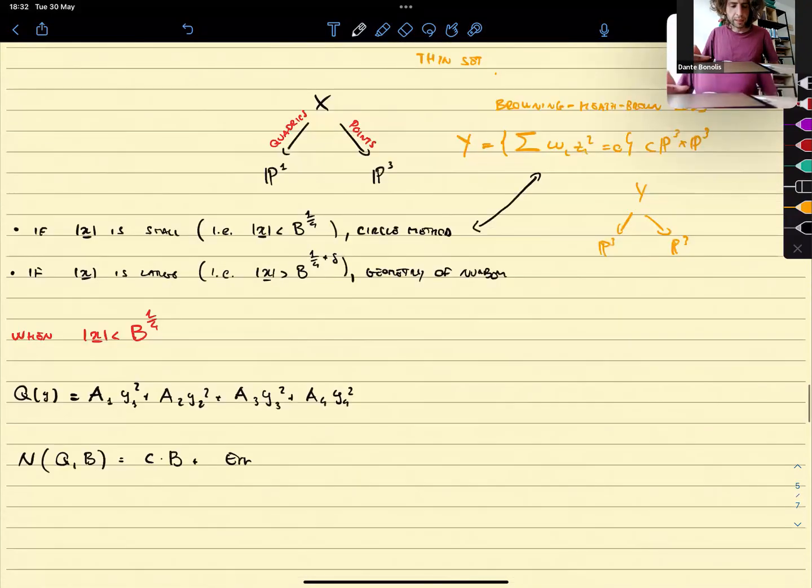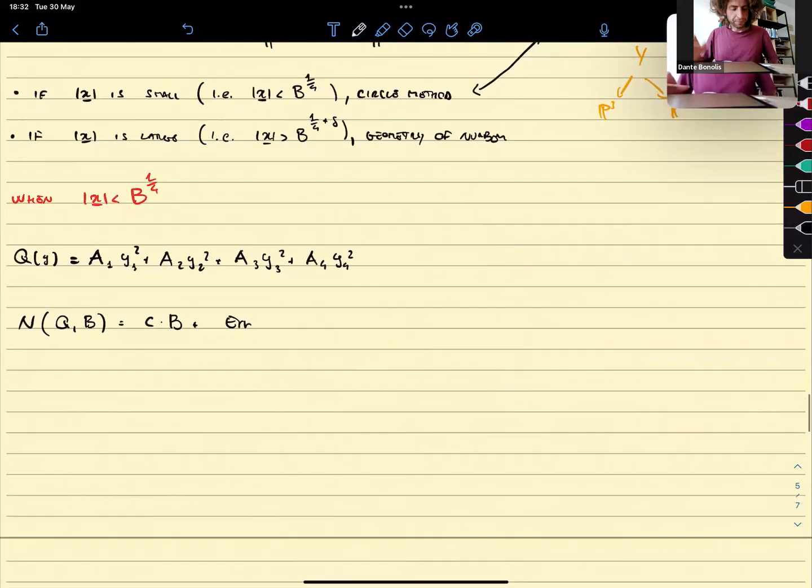Okay, I want to start with the circle method part.